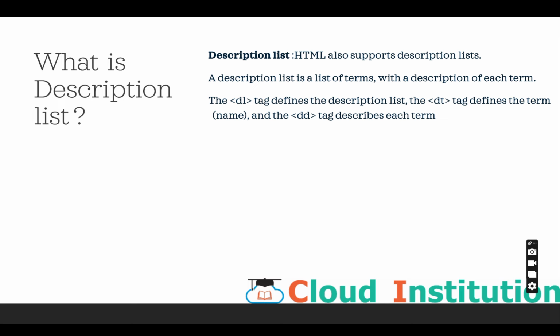So if I want to do that, I can go with the description list. Again, take the full stack in the front end. In the full stack, you will have a front end, a back end, and a database. In the front end, you will get HTML, CSS, JavaScript. In the backend, you will get Java or Python.